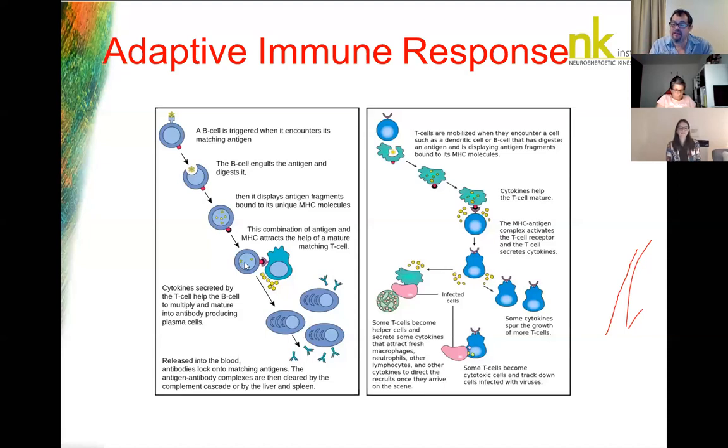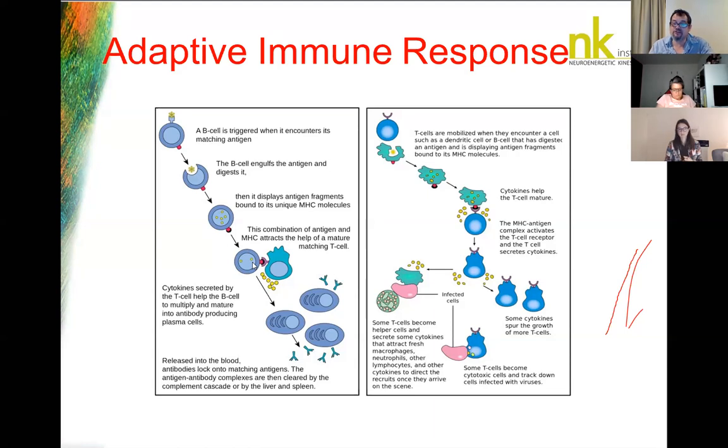And so the B memory cell then differentiates and proliferates. Which means it differentiates into B memory cells and B plasma cells.